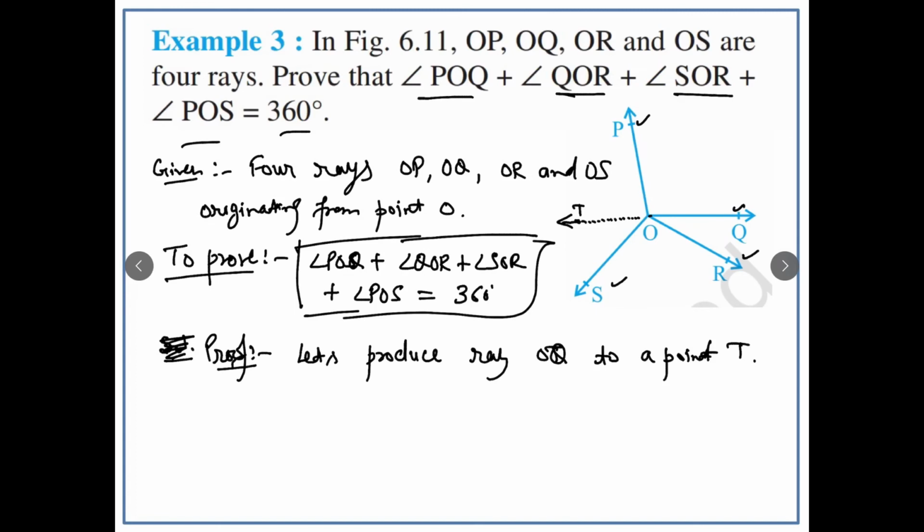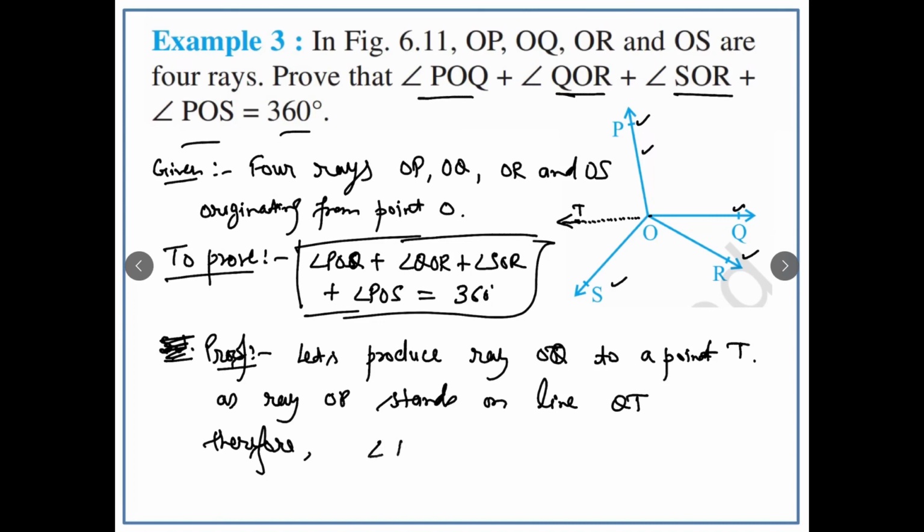Now we'll take this line QT and there will be a ray OP standing over it. So I'll write, ray OP stands on line QT, therefore the sum of angles so formed, angle TOP plus angle POQ, will be equal to 180 degree.